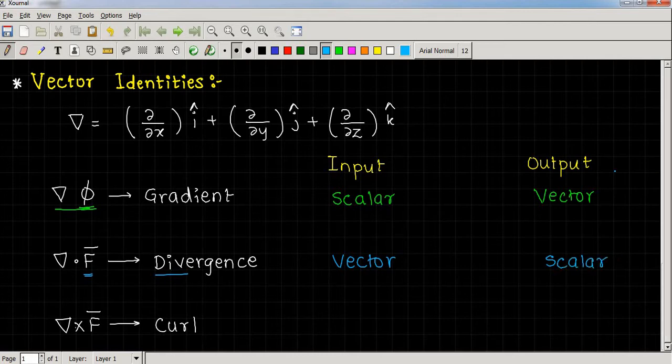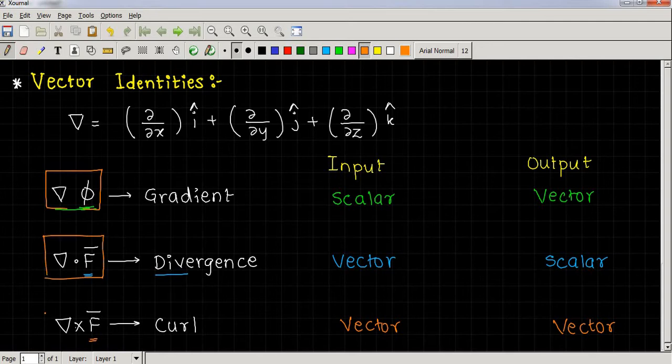We get a scalar point function. For calculating curl, we require a vector point function f bar, and resultant curl is again a vector quantity. So this will be very useful while evaluating as well as giving the operator sign, whether it is scalar product, vector product, or ordinary product between a vector and a scalar quantity.